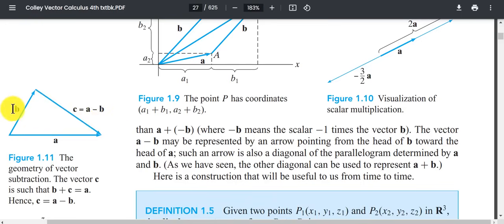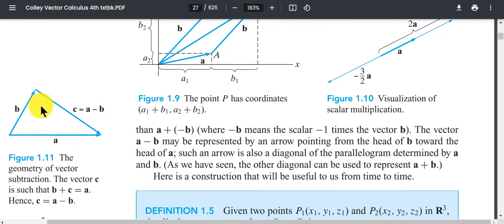It goes from B to A. It seems like it should go from A to B. At least that's what I usually feel, but that's not right, and you can easily verify it by checking what happens if we add this to B. We should get A. Whereas I think it should be going in this direction, which would say that if we add this A minus B to A, we should get B.